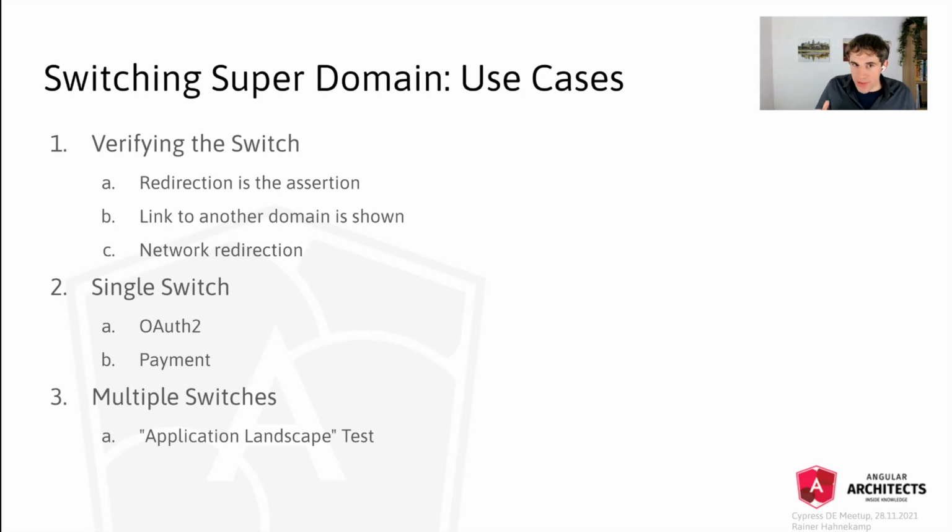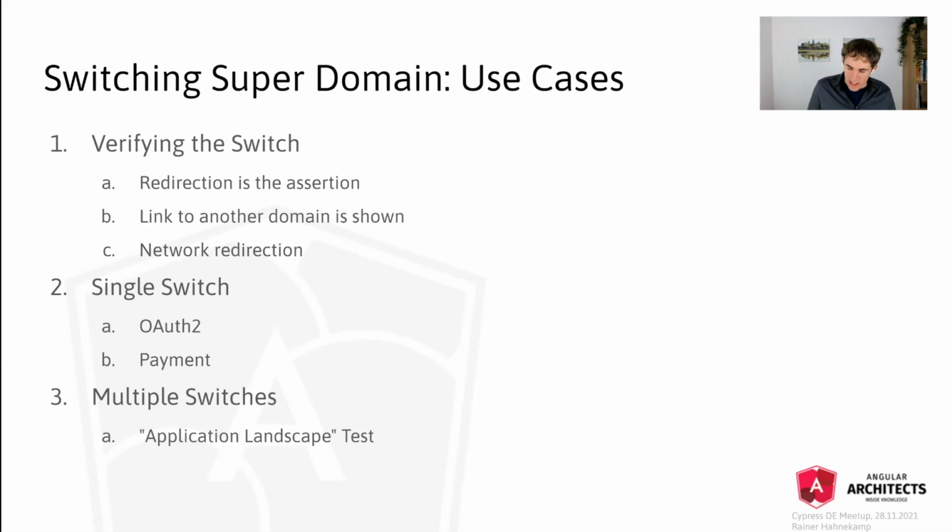Now, with switching super domains, there are three different use case types, if you want to say so. The first type is, I think, quite common. This is when we actually want to test the switch to a super domain.